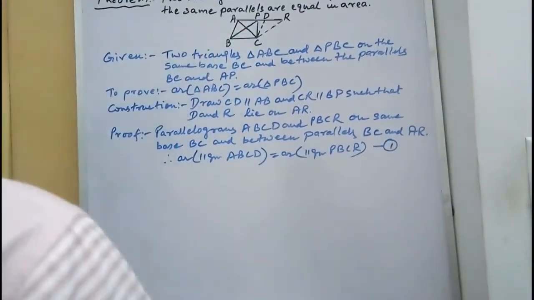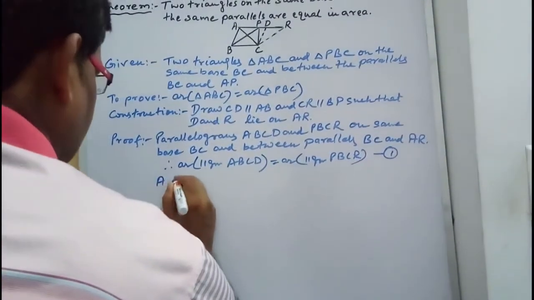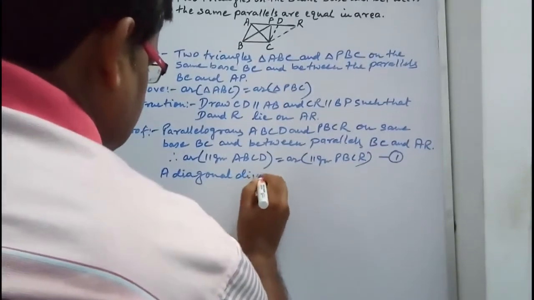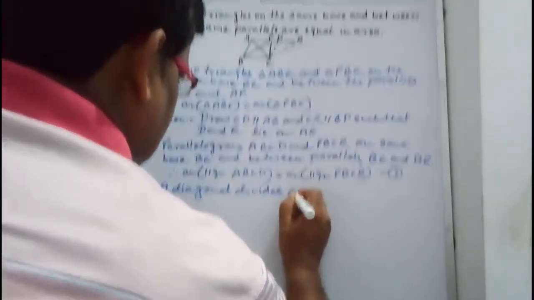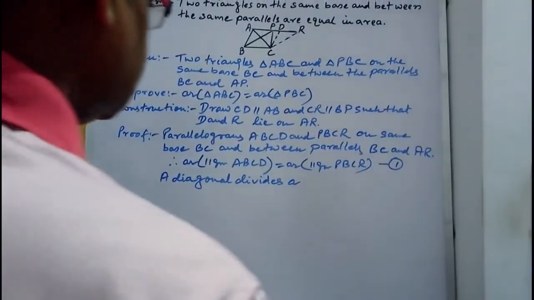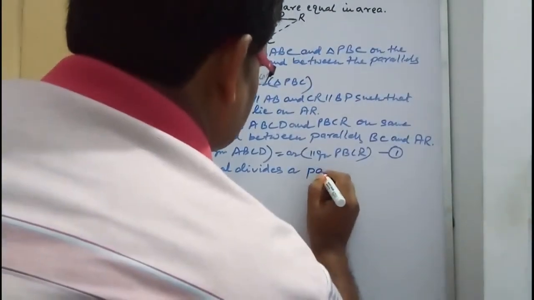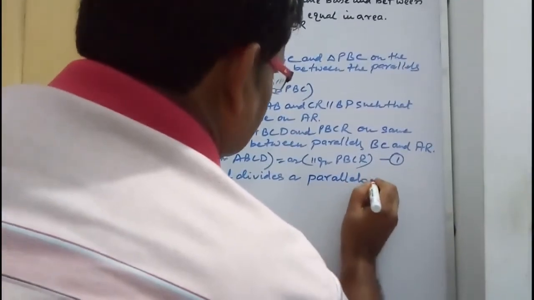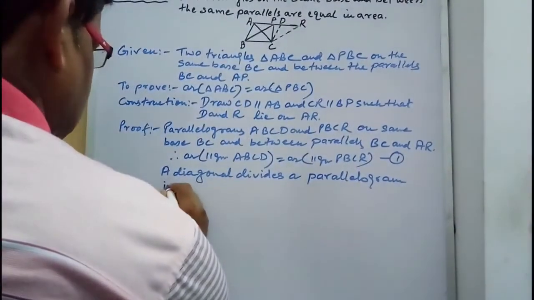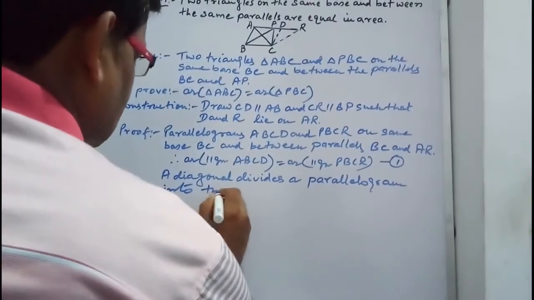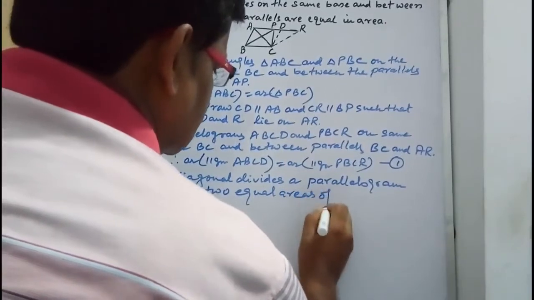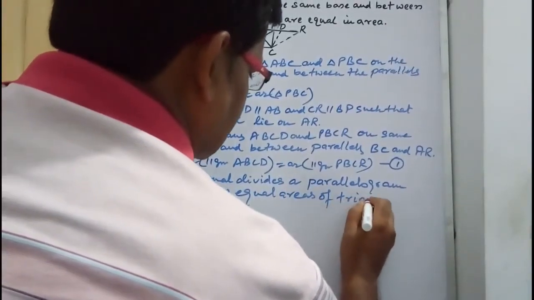Number 1, a diagonal divides a parallelogram into two equal areas of triangles.